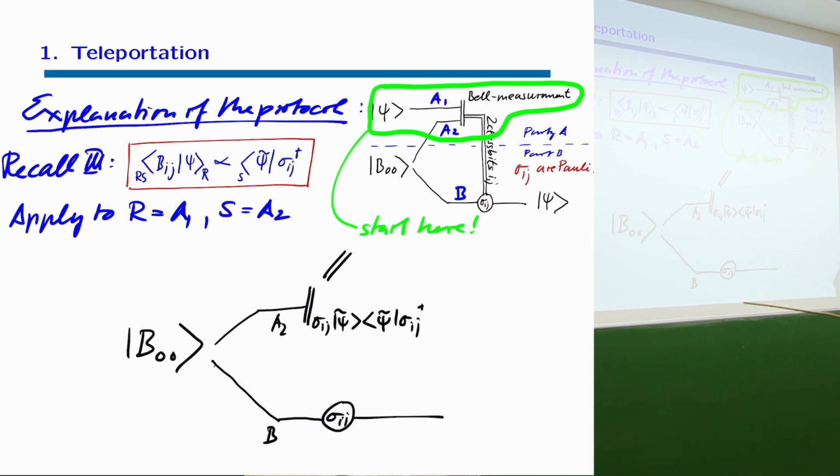The Bell state we didn't touch, and all the stuff down here we didn't touch, but the measurement has simplified. The projection onto Bell state Bij now becomes the projection onto the state sigma psi tilde. That's the first simplification that we found.